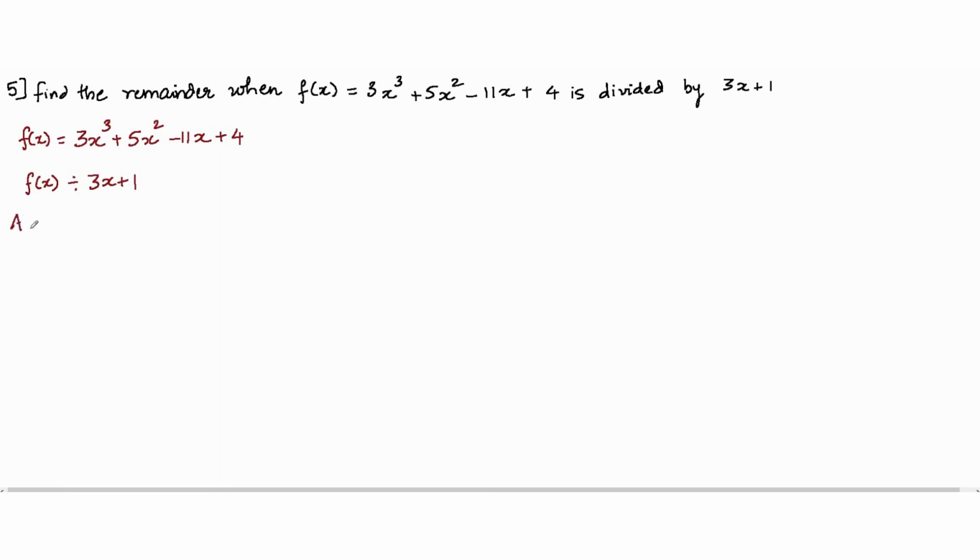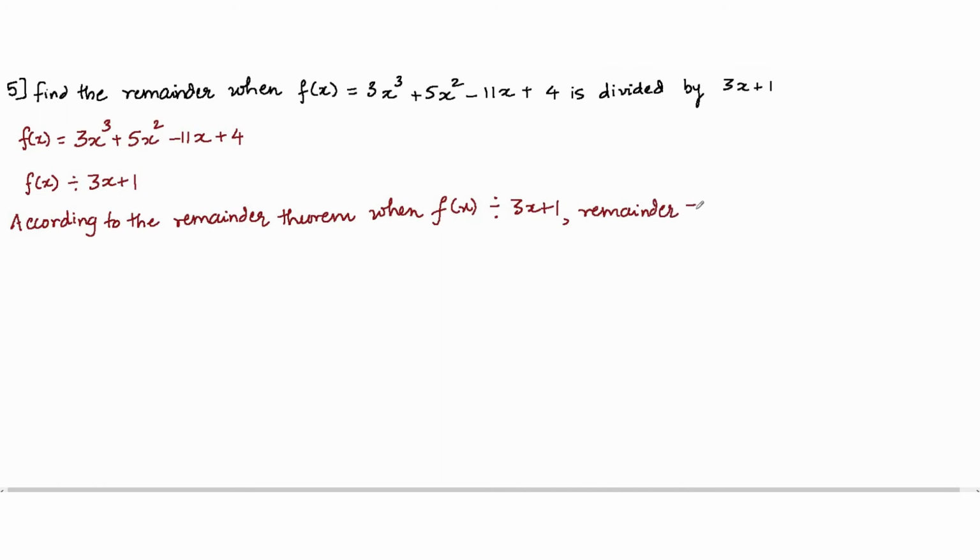So according to the remainder theorem, when f of x is divided by 3x plus 1, the remainder equals, so now I need to find my a, right?